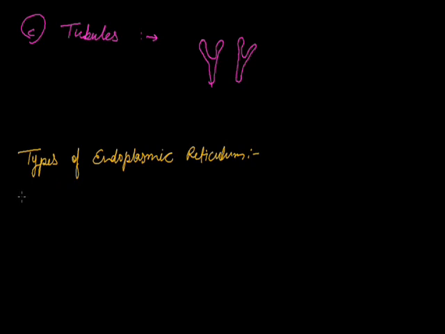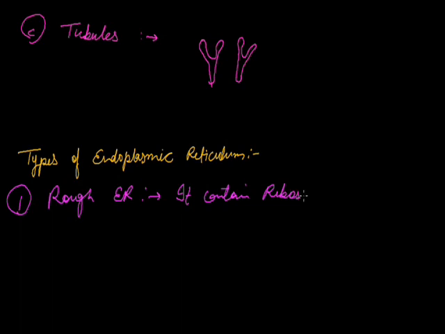The first one is rough ER. It contains ribosomes on its surface. It involves synthesis of protein.